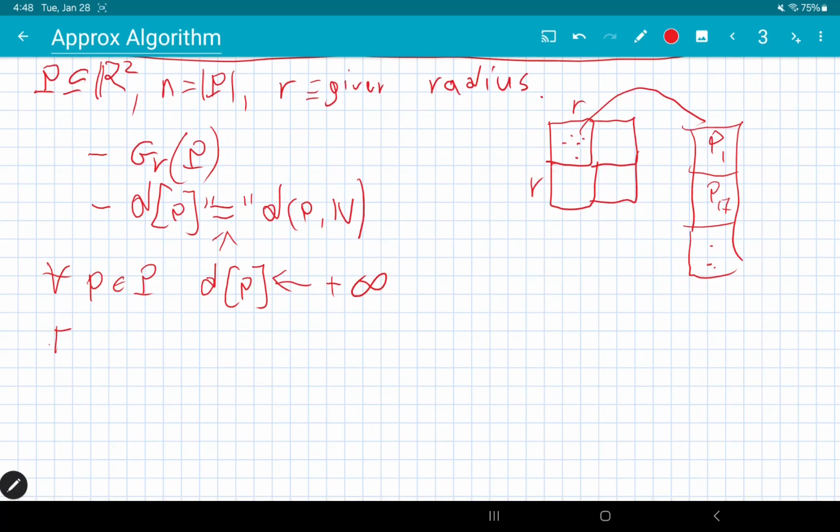And now we apply the same loop we did before. For p in P, for every point in the set, we're going to do the following. We compute the cell in the grid G of R containing p.